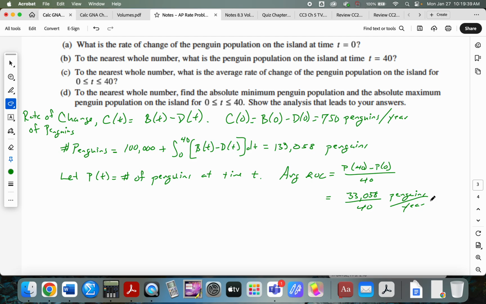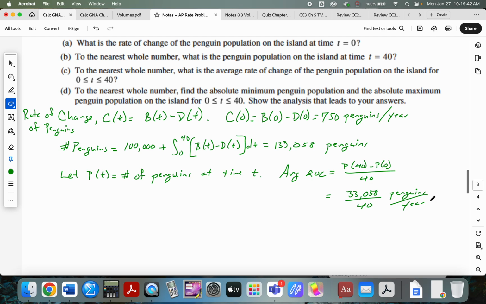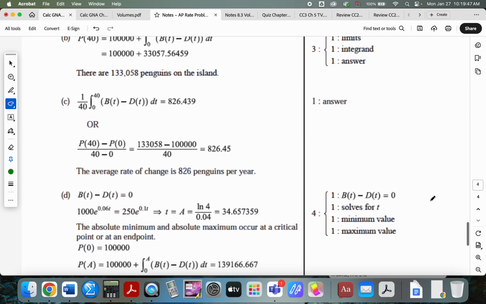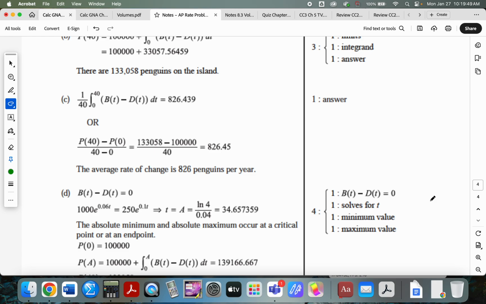Can you put that into your calculator? Do you need to? No. Let's see what they did. Notice you can do it either way. Because the integral of the rate of change gives you the change over that interval, and this is the average rate of change.